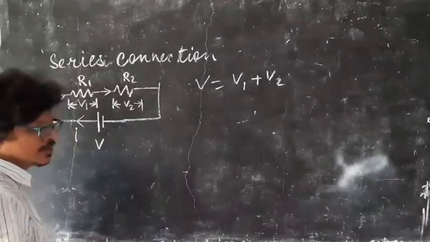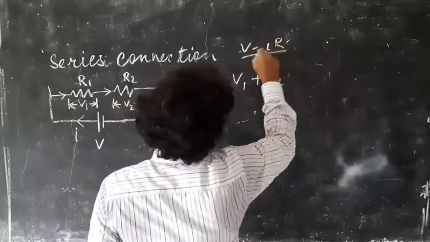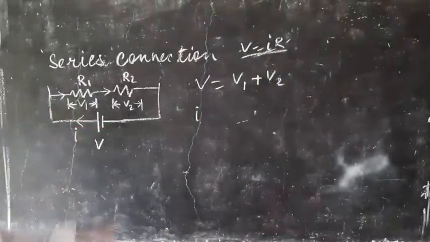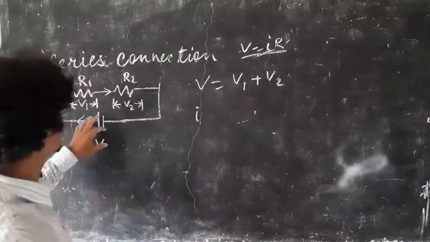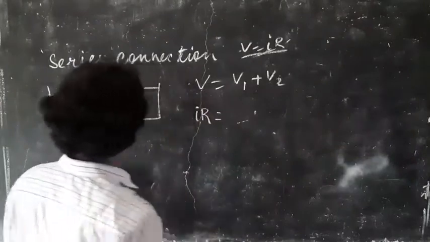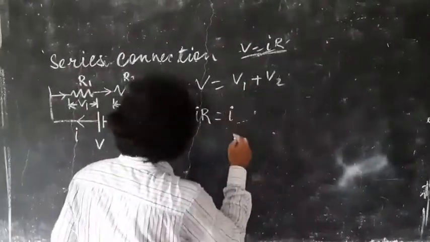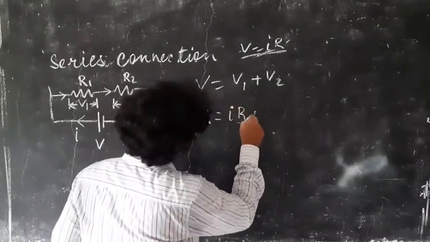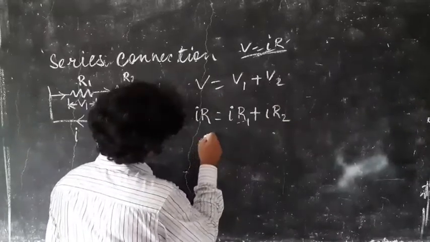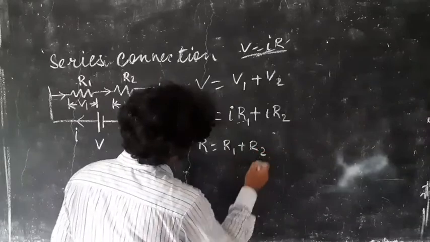We know from Ohm's law that V is equal to IR. Let I be the current in the circuit and capital R the overall resistance of this circuit. Then IR equals IR1 plus IR2. Simplifying, we get R equal to R1 plus R2.